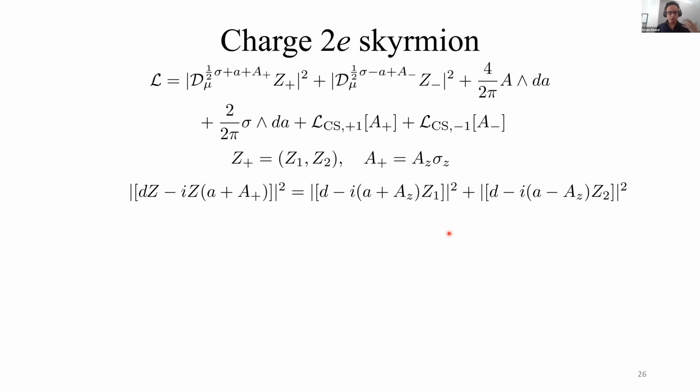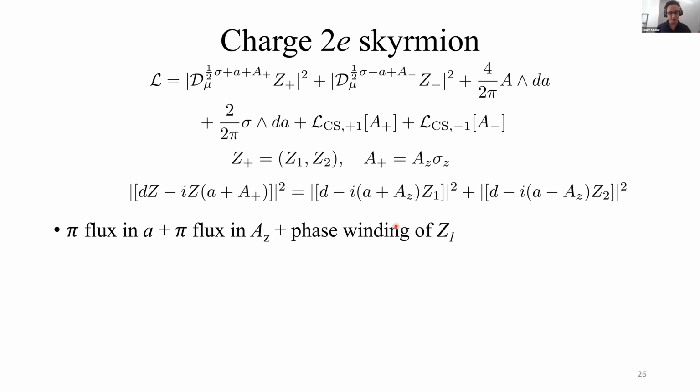For the 2pi flux in A, we had the 2pi here, so Z1 had to wind by 2pi and Z2 had to wind by 2pi. However, now we have another possibility, which is to put pi here, which would give us 2pi in this one and 0 in this one.